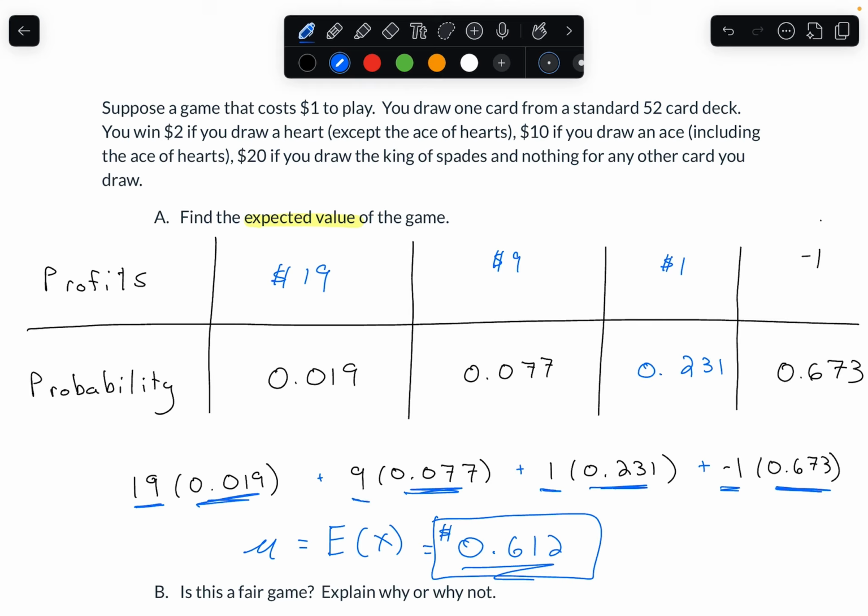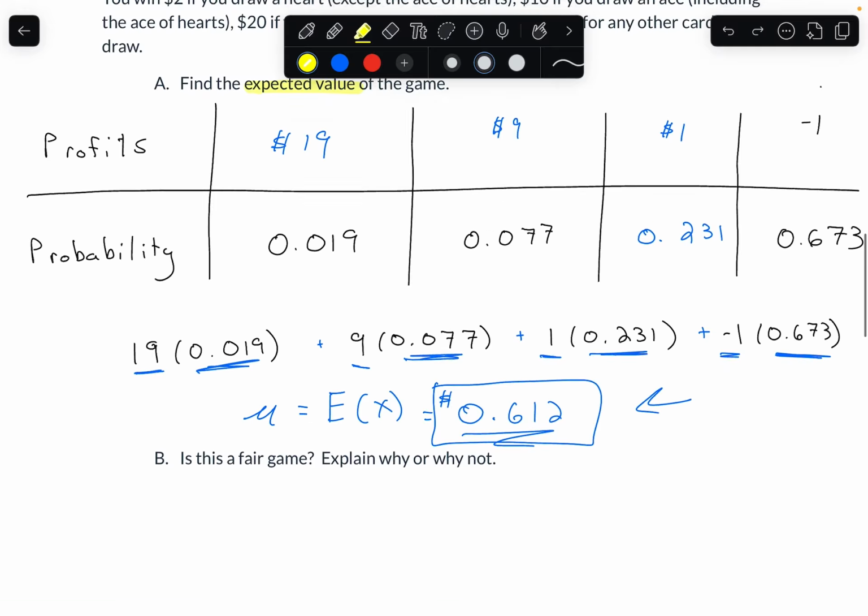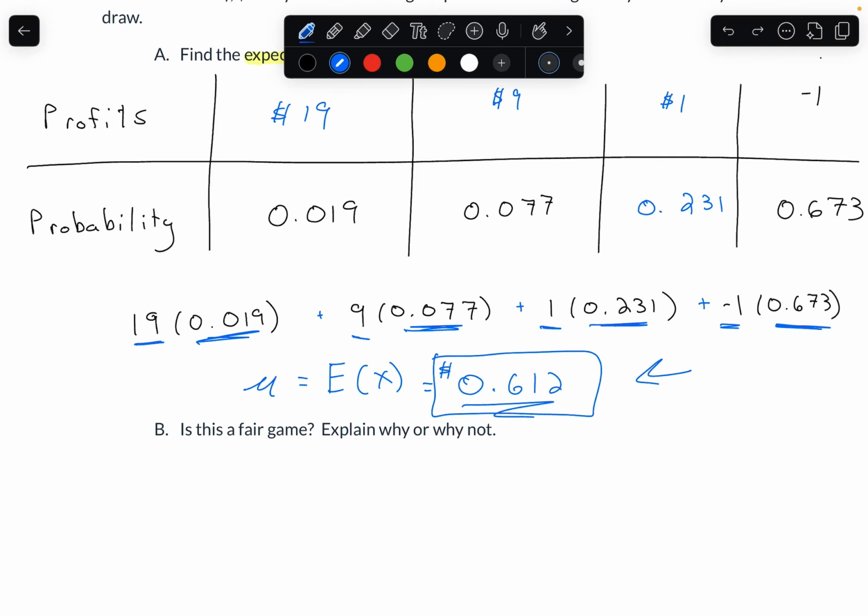So if it's me, it's in my best interest to play this game as many times as I possibly can, because I know in the long run I'm going to average roughly 61 cents. Sometimes I'll win and sometimes I'll lose, because I did have that instance of the -$1 profit, but on average I'm going to win in the long run, which leads me to my next question right here.